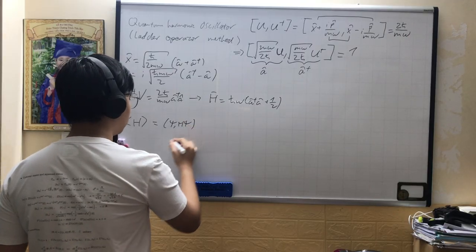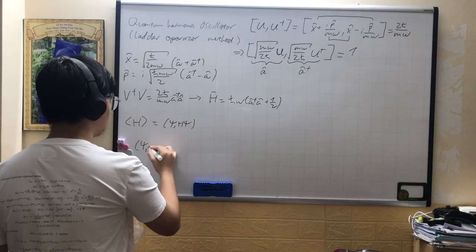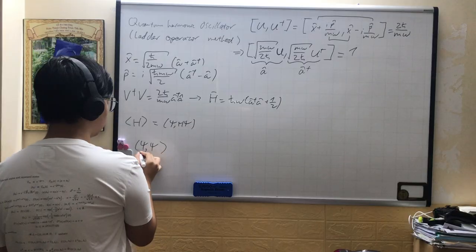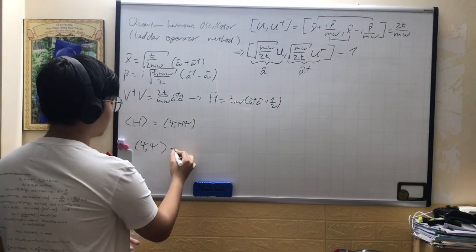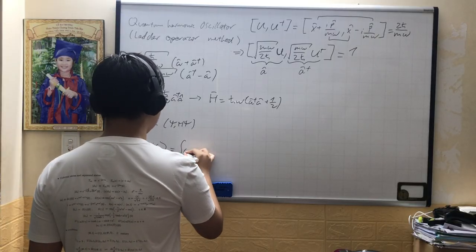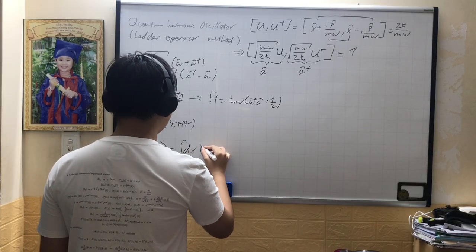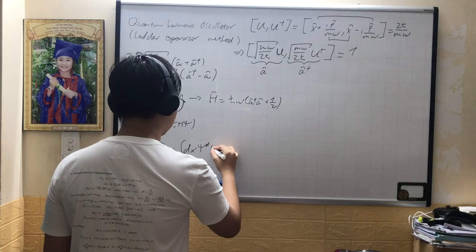If you don't remember, this notation means that this is the bra side and this is the ket side. And together, when you do this, it means this.